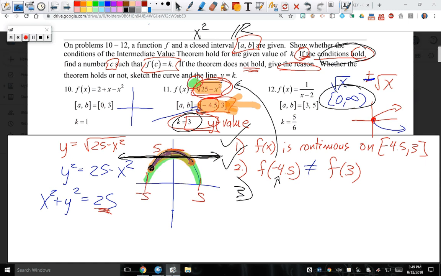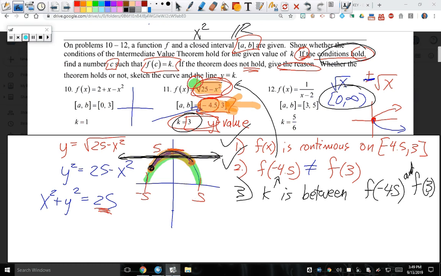We're just going to know that they're different, but also at the same time, k is going to be between f of negative 4.5, which might be like 1 or 2, and f of 3, which might be like 3.5 or 4.